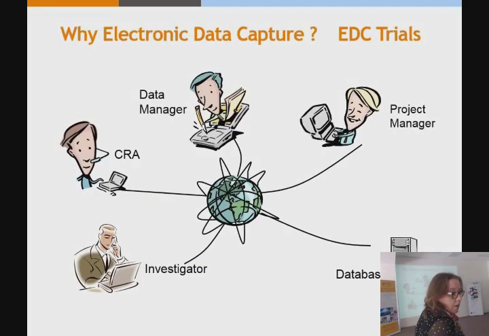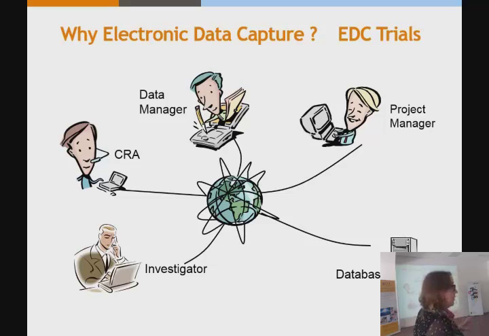So in the clinical research facility, we use a web-based system, and depending on the trial, it would be a different system for different types of trials. So we would have a web-based platform, and the investigator could see certain fields, or they might have certain functions. The data manager may have certain functions.